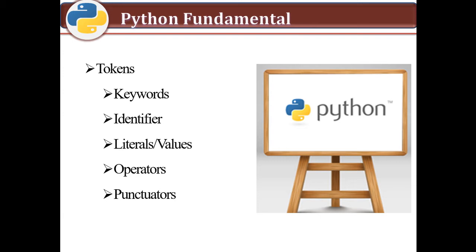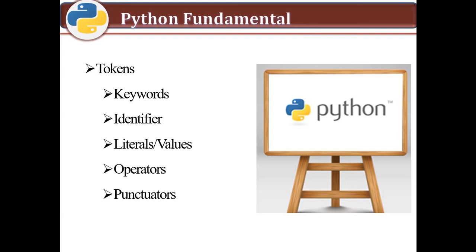Next is identifier. Identifiers are the fundamental building blocks of a program and are used as a general terminology for the names given to different parts of a program, such as variable, object, class, function, list, dictionaries, etc. So the names which we use to define any object, variable, class or function in a program are called identifiers.